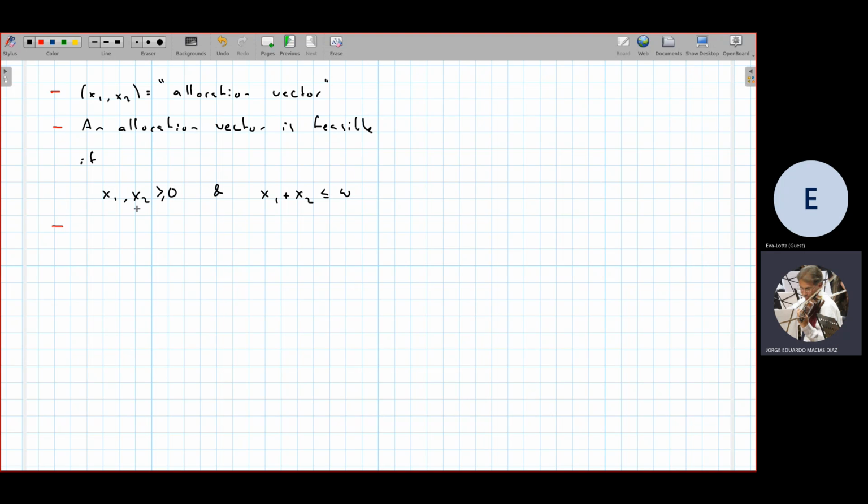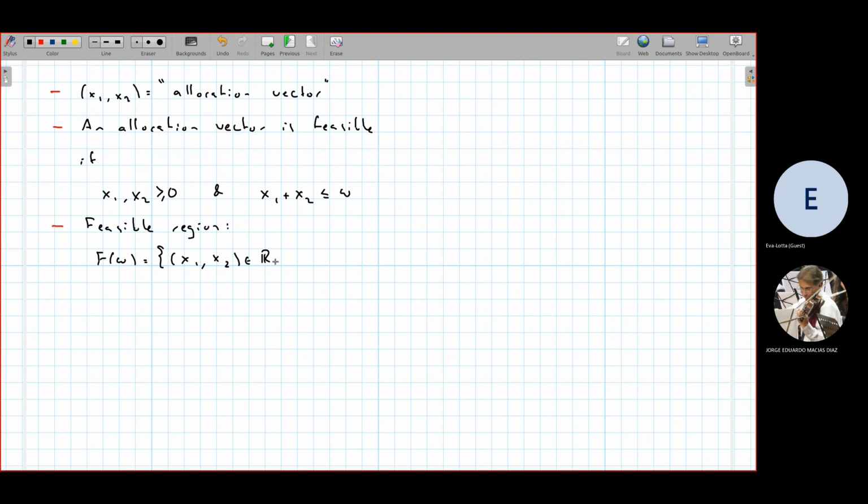And this provides us with the feasible region, which is going to be this set that's going to depend on omega. It is the collection of all allocation vectors with the property that x1 plus x2 is less than or equal to omega.